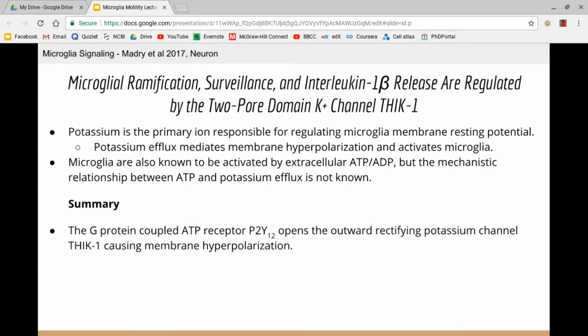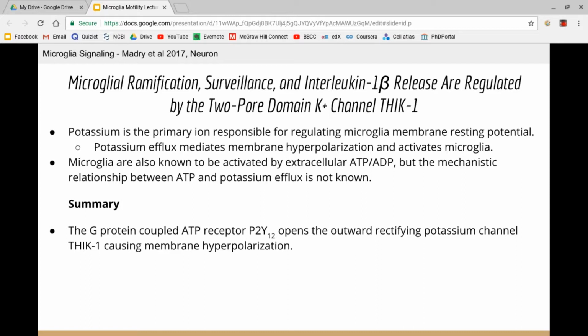The G protein coupled ATP receptor P2Y12 opens up the outward rectifying potassium channel THIK1, and this causes membrane hyperpolarization. The primary ATP-ADP receptor on microglia is this P2Y12 receptor.